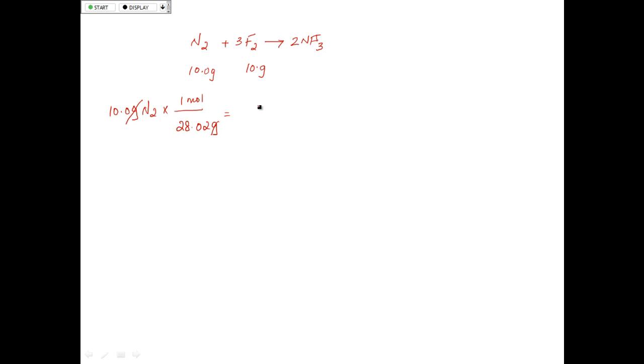Now similarly calculate how many moles of F2 you have. So again 10 grams of F2 multiplied by 1 mole per molar mass of F2. How much? 38.